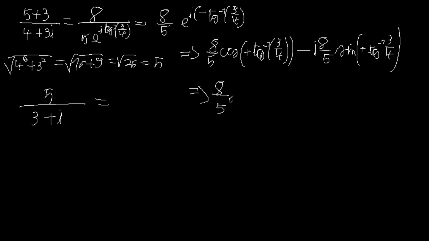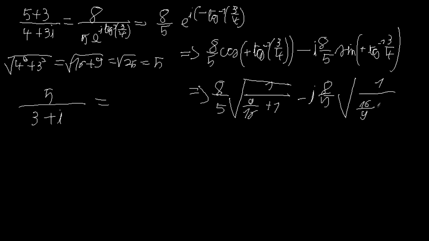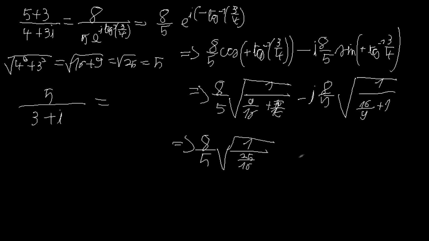Now we can use the formula, which is 1 divided by 9 over 16 plus 1, minus i times 8 divided by 5 of 1 over 16 divided by 9 plus 1, which is 8 divided by 5 times 1 over, this is 16 over 16, so it's 25 over 16, minus i times 8 over 5, same case, this is 9 over 9, so it's 1 over 25 divided by 9.